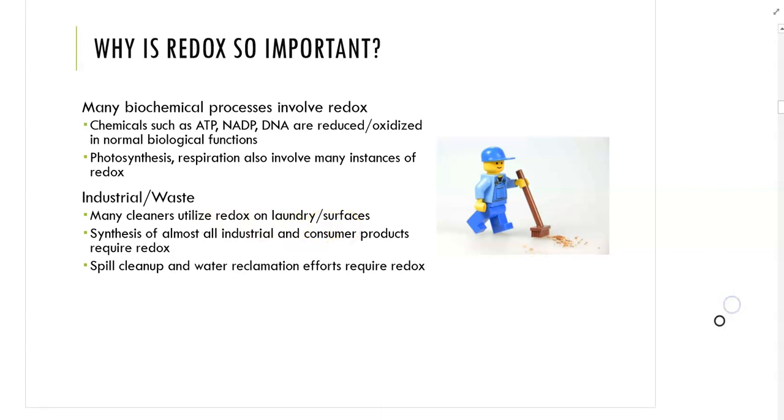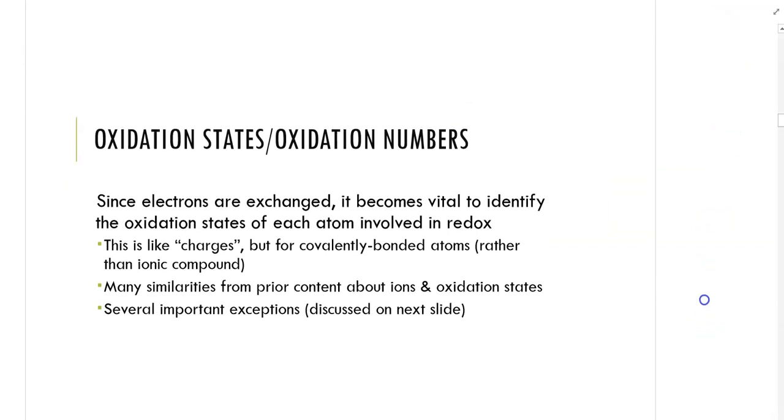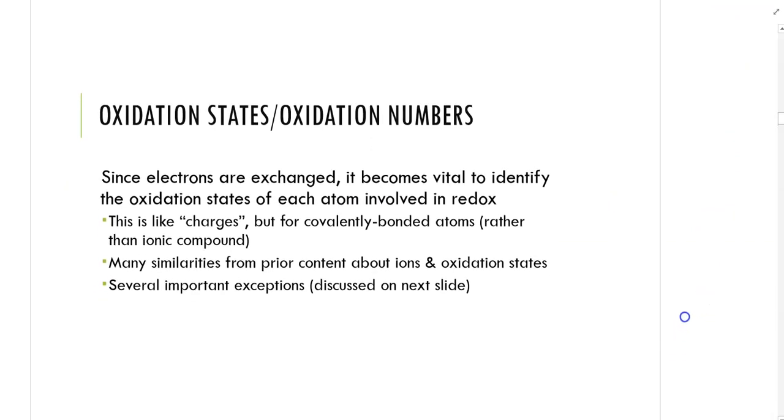For those of you who like to have clean substances, sometimes you might bleach it. That bleach causes some sort of electron changes, which is an example of redox. A lot of synthesis, meaning we're making things, generally requires some kind of redox to produce substances that behave the way we want them to. And then, of course, things like cleanup of spills or water reclamation, where you've had some bodies of water that have been dirtied over the years, and redox can help clean it up.